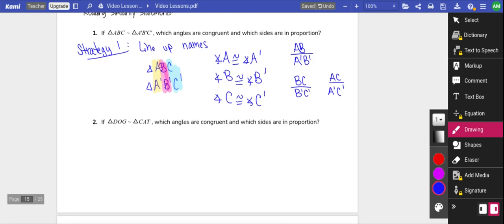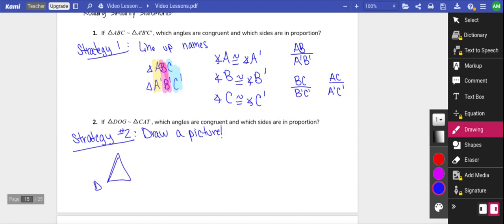Our other strategy when we do this is to draw a picture. And I like to draw a diagram a lot. So let's draw two triangles. One of them is DOG and the other is CAT.